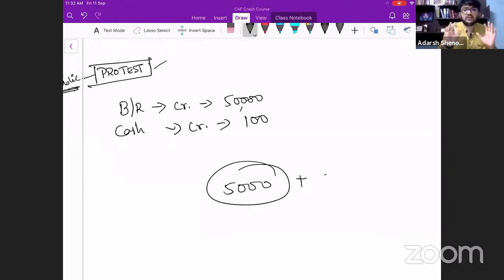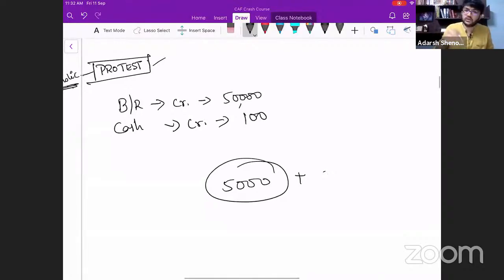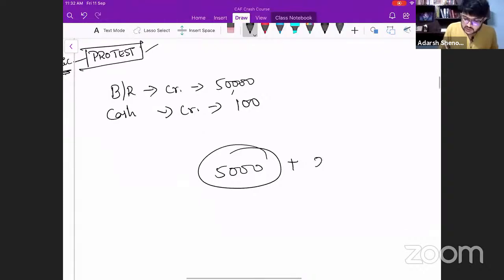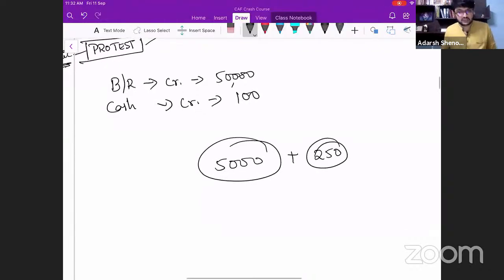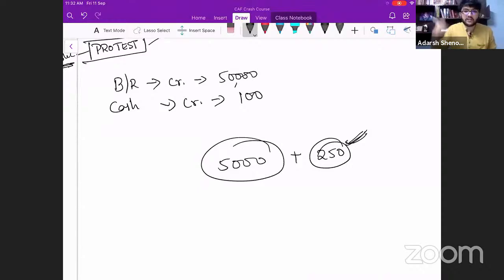So the check is not passed by the bank. So in such cases, because you've troubled them, you've given a check, they have checked your account and all that, they charge you some fees for that, which is known as service charges. Let us say they're charging you 250 rupees. Now they're going to remove this money from my account, the person who's depositing the check. So instead of getting 5,000 rupees into my account, 250 rupees is going out of my account.